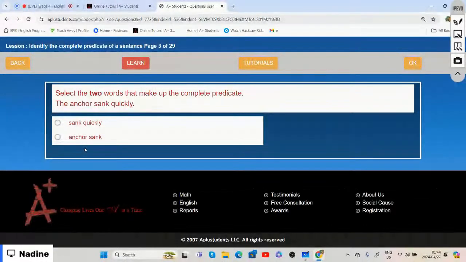We need to select two words that make up a complete predicate. It says the anchor sank quickly. What happened to the anchor? It sank quickly, or do we say anchor sank? Remember, we start with our verb. Sank quickly, or anchor sank.